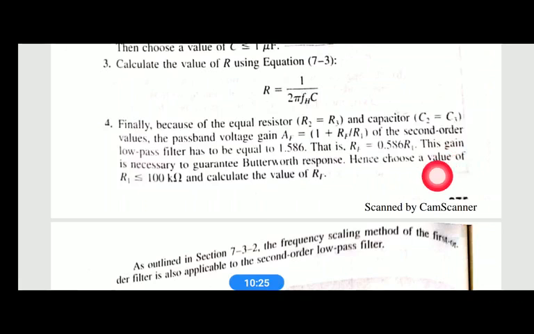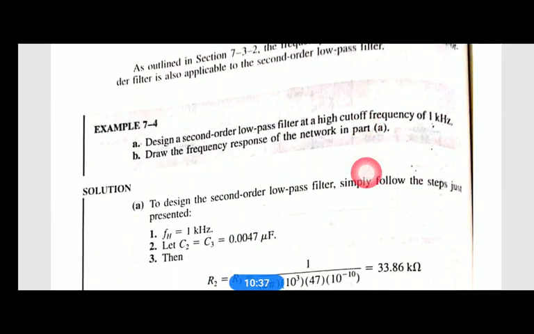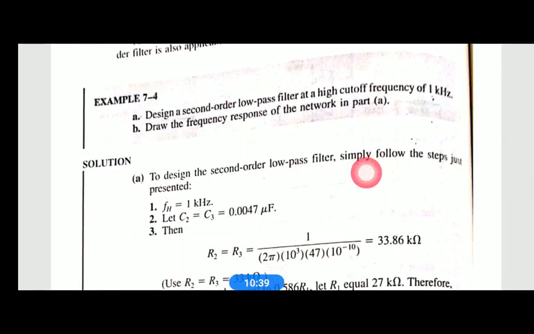Usually we need to choose R1 less than 100 kilo ohm. Then you calculate the RF using this equation. Using this, we design our second order low pass filter.